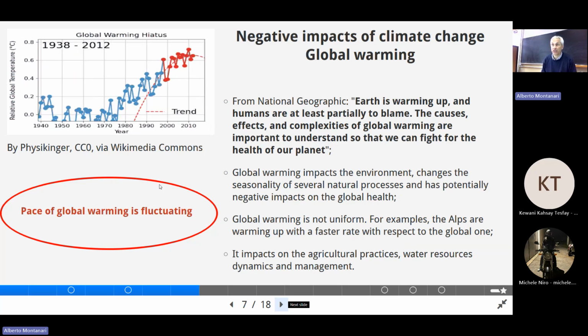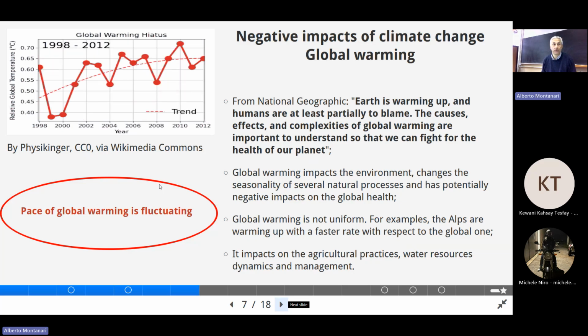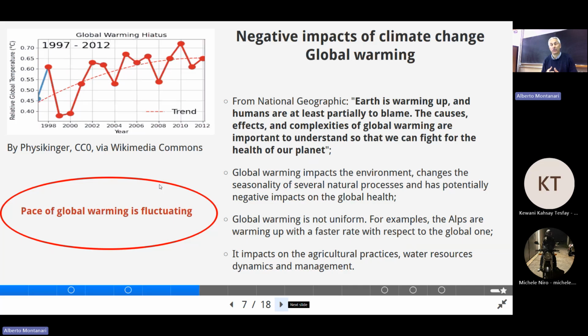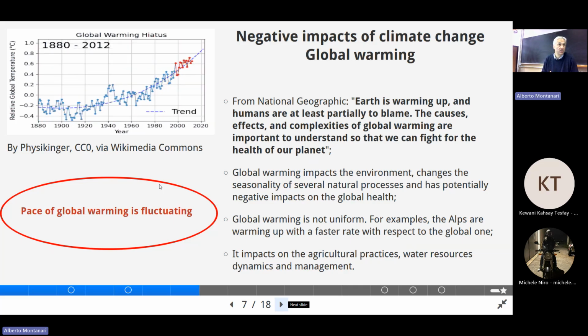The causes, effects, and complexity of global warming are important to understand. This implies that they are not completely understood, as I mentioned last time, so that we can fight for the health of our planet. I would prefer another word other than fight, because I think we should pursue the health of our planet. This is obvious.